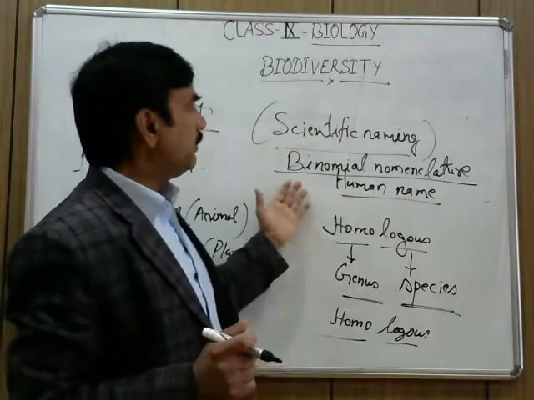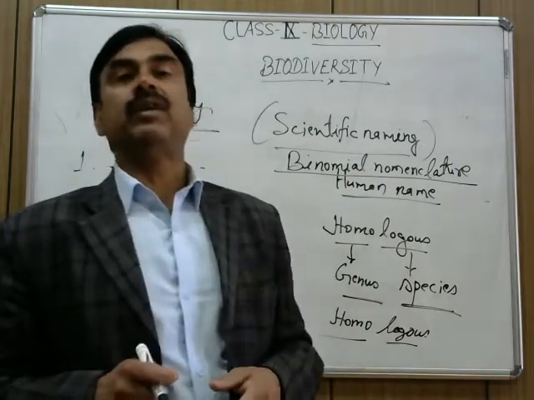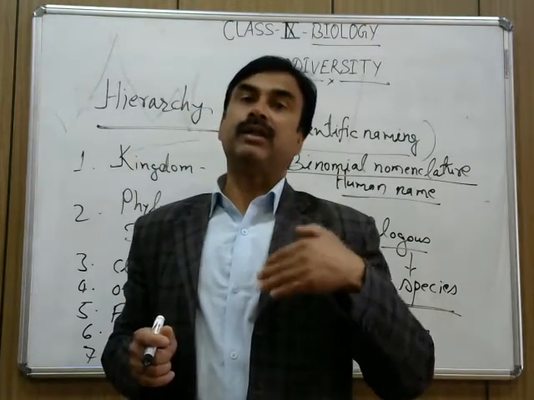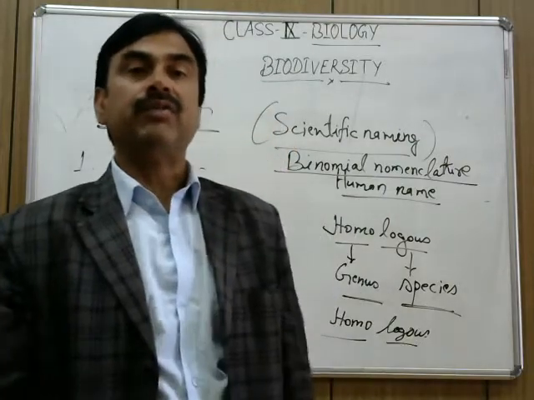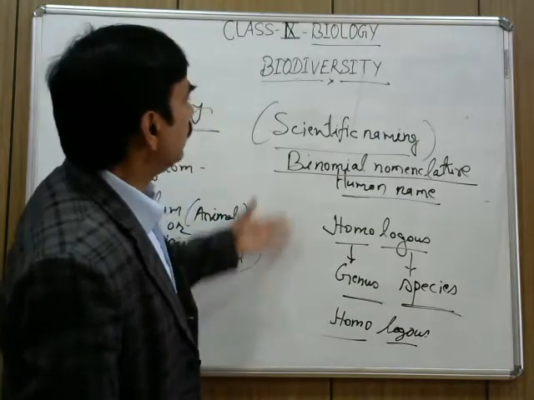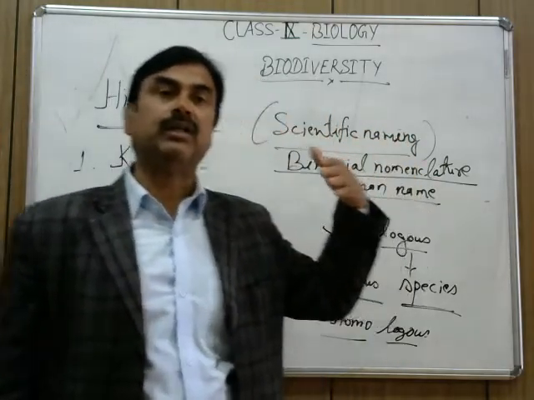So this was the binomial nomenclature. Sometimes there would be a question: what is binomial nomenclature? Write any two scientific names, write the scientific names of two plants and two animals. So it would be in your hand how you can write without committing any mistake.